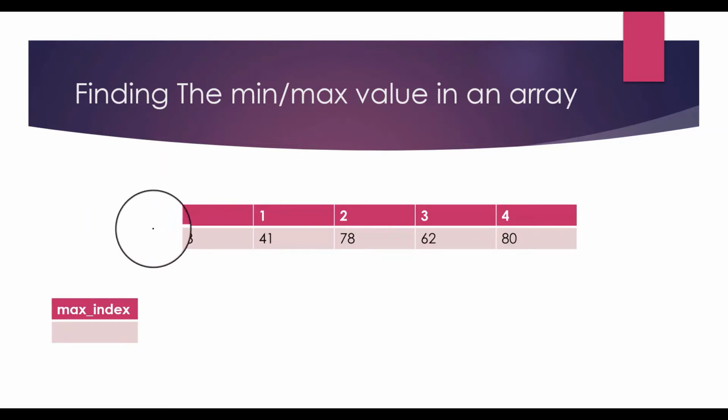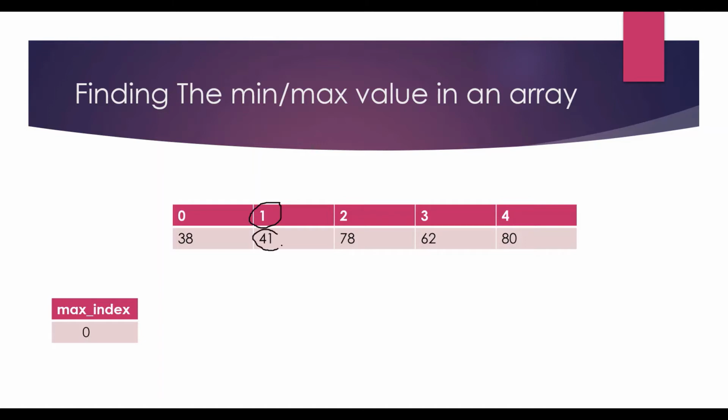And since we are starting with element 0 and there are no elements before element 0, we can assume that the index of the maximum element is at location 0. Now the next step is to go to the next element, which is at location 1, and check: is the element at location 1 greater than the element at location 0?